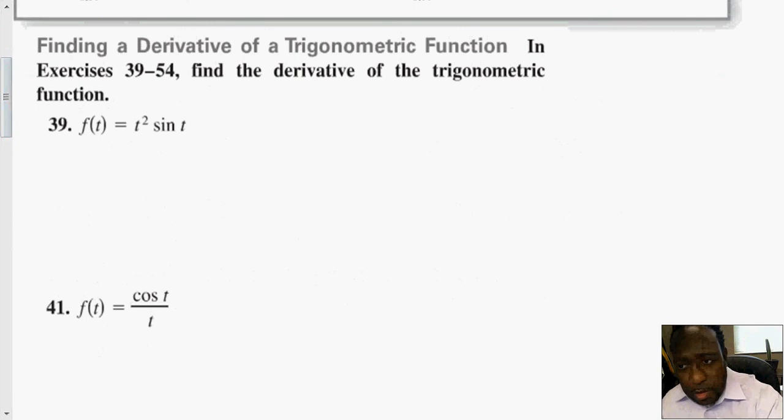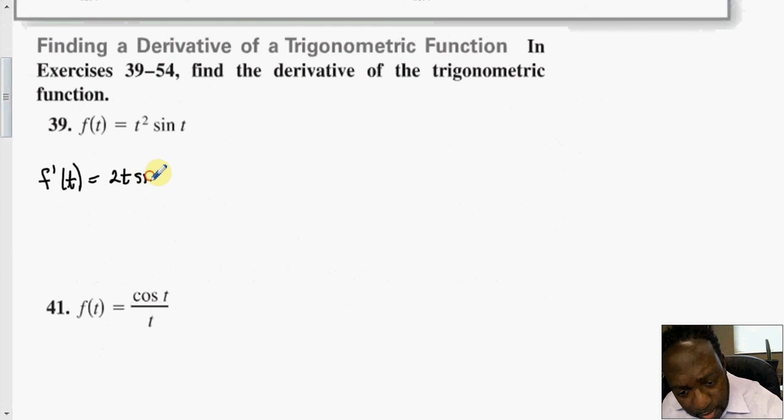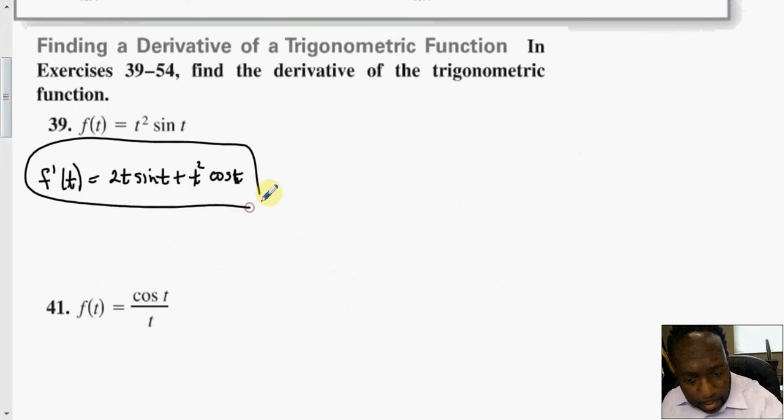39. Find f prime of t. This is the product rule. Take the derivative of the first, so that's 2t, times the second, plus the first times the derivative of the second. That's it.